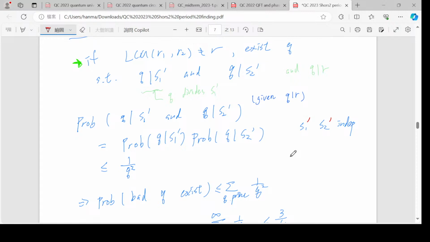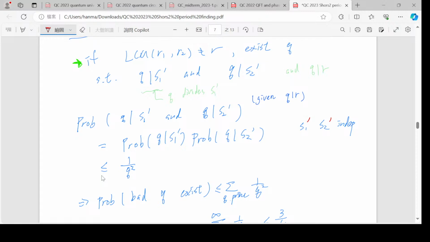So what's the probability that S1 prime is divisible by Q? Well, that's about 1 over Q, right? Actually, it's a little smaller, or I think it's actually a little larger, but I guess we can use big O here.